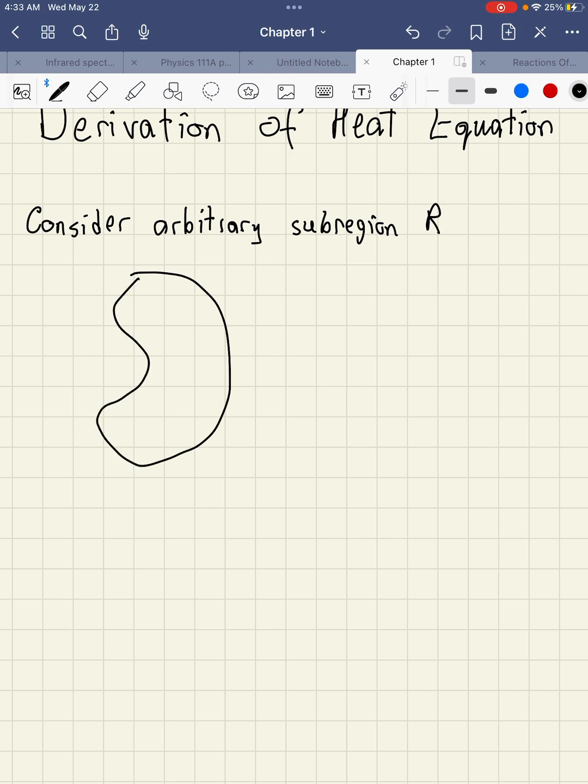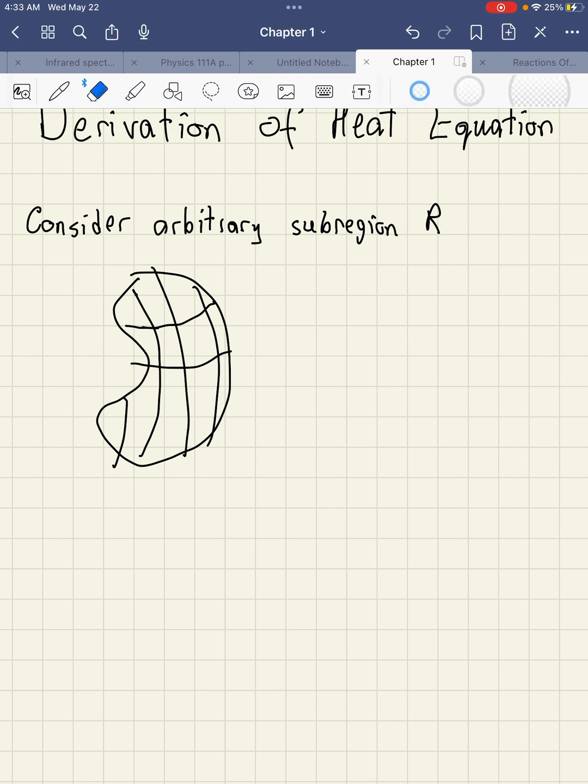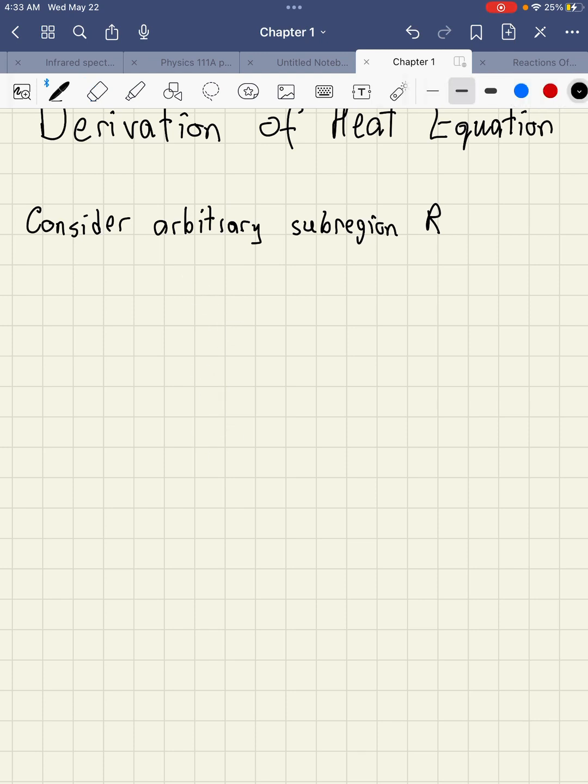Okay, we can draw it like something like this. So suppose we just have an arbitrary region R. Okay, so this is our R.